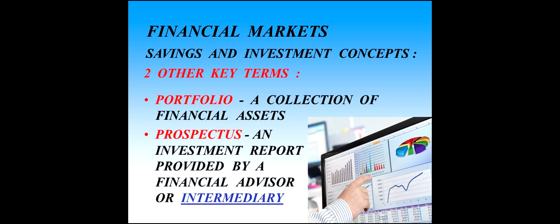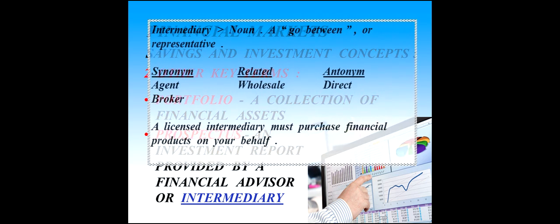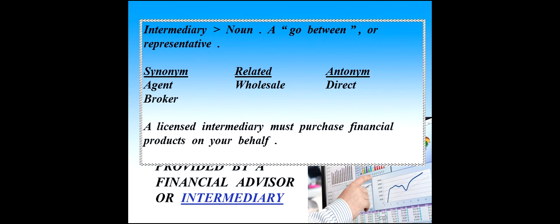The next one is a prospectus. This is simply an investment report on an investment vehicle or a financial asset that's provided by a financial advisor or an intermediary. This could be like a stock report telling you about how the investment has performed over time. And the word intermediary, if you're not familiar with that, means a go-between or representative, an agent or a broker.